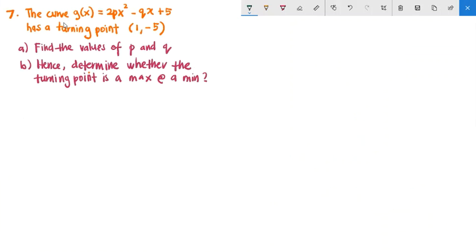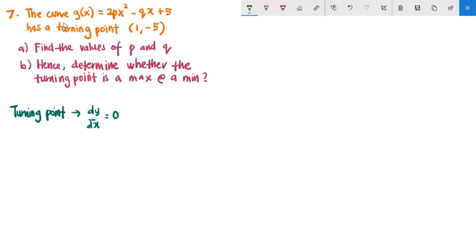Okay, that's it. Next, find the values of P and Q, turning points. A turning point, min or max, is when dy/dx is equal to 0. So how to do it?